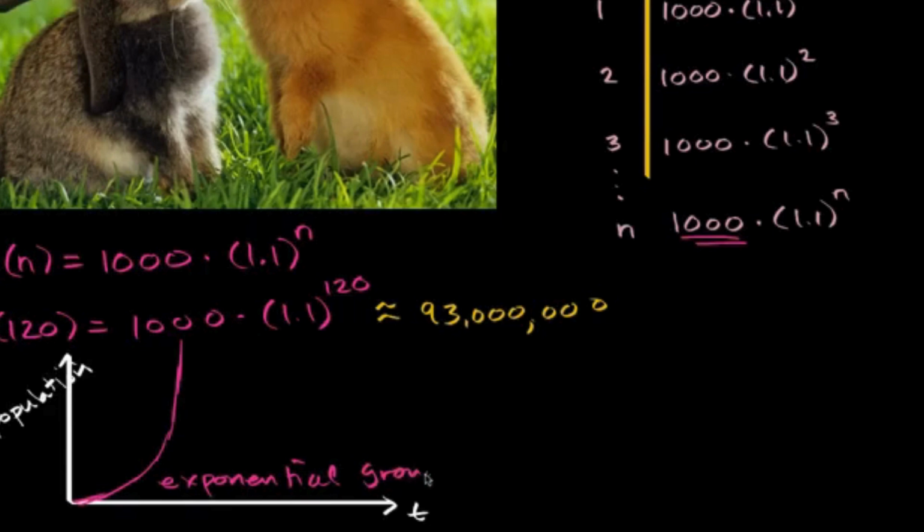And why is it called exponential growth? Well, you notice the input, which is time, is being thrown into our exponent. And so that is exponential growth, but obviously you can't have an infinite number of rabbits, or you just can't grow forever. There is going to be some natural maximum carrying capacity that the environment can actually sustain.